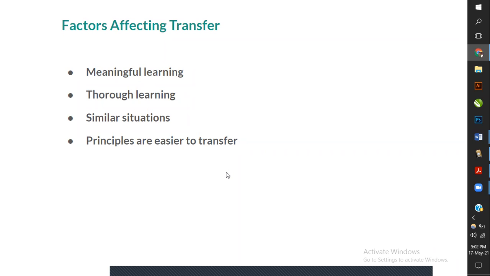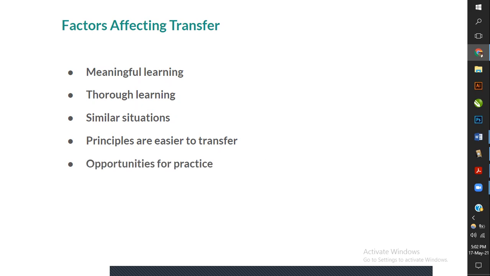If I have that knowledge and that principle that an object in motion stays in motion unless acted upon by an equal and opposite force, then I do have principles that may help me to solve other problems, and I can transfer those principles onto things like problem solving.